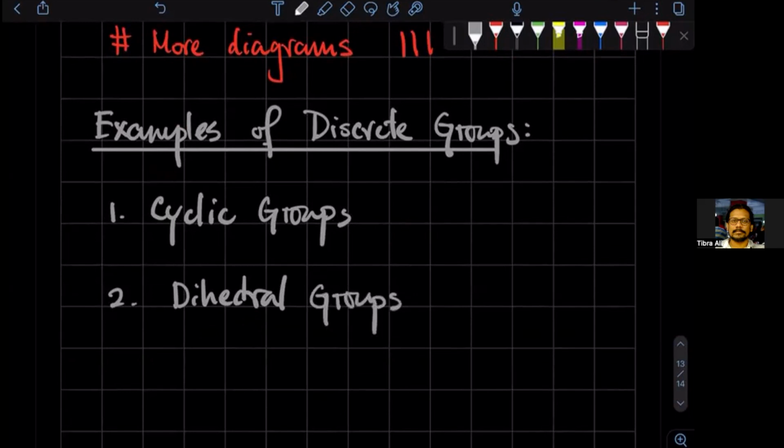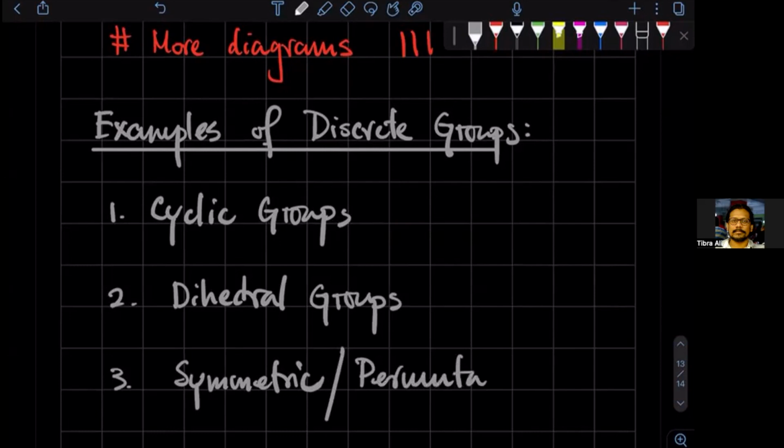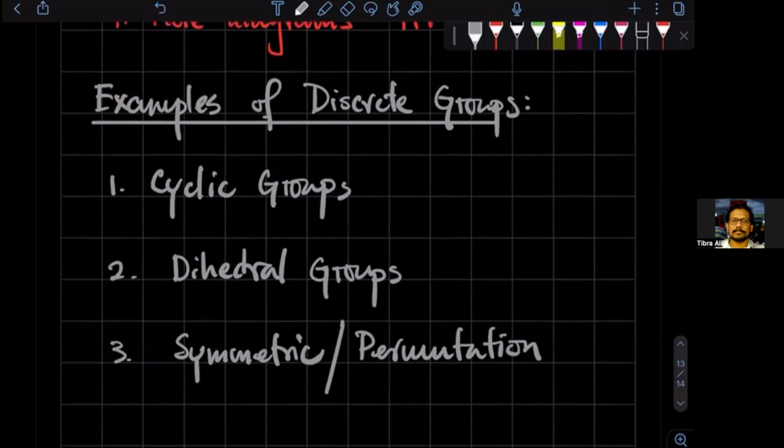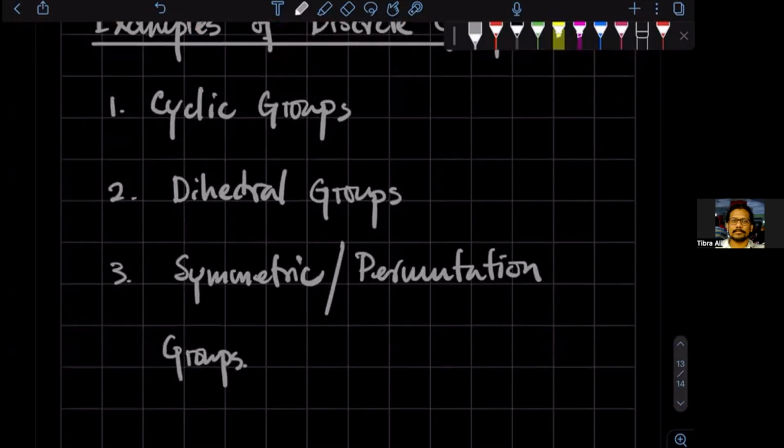And then we will talk about the symmetric or permutation groups. They're actually not exactly the same, but they're related. I'm a little confused about the names there, but we'll discuss that.